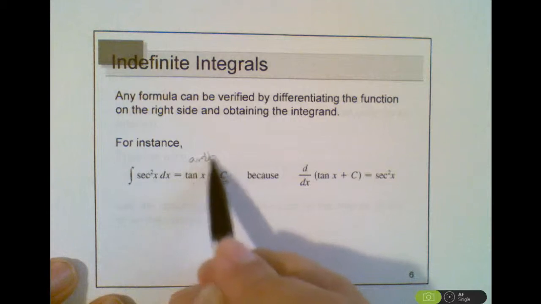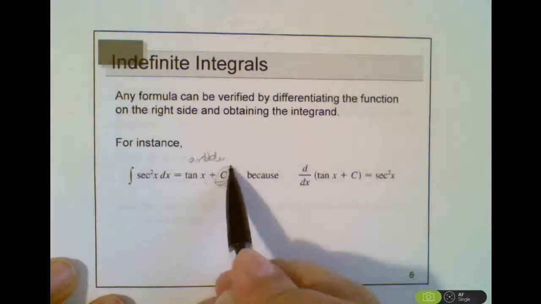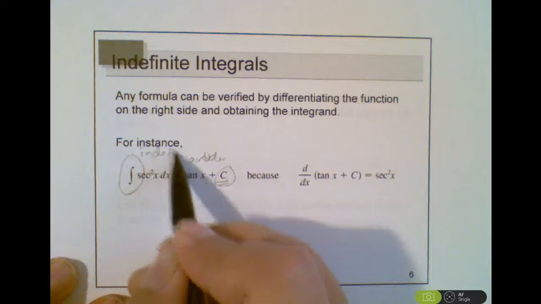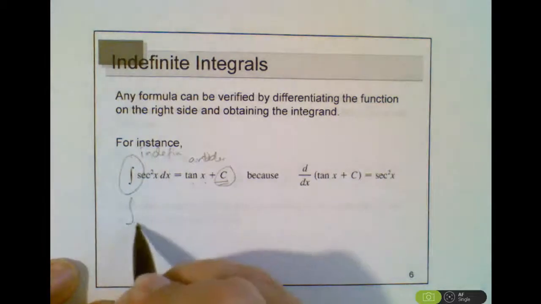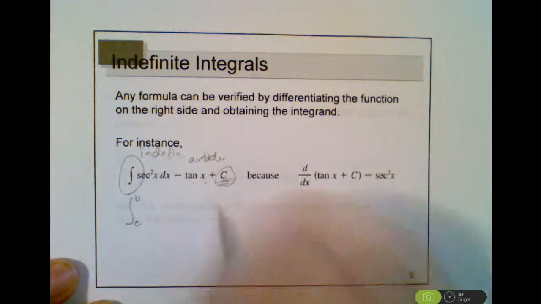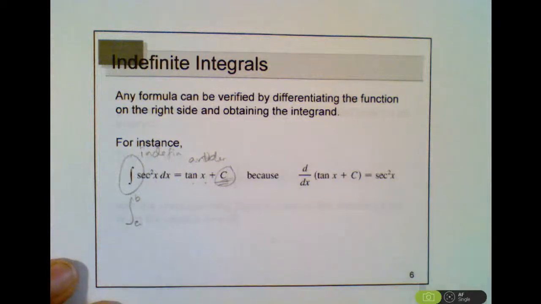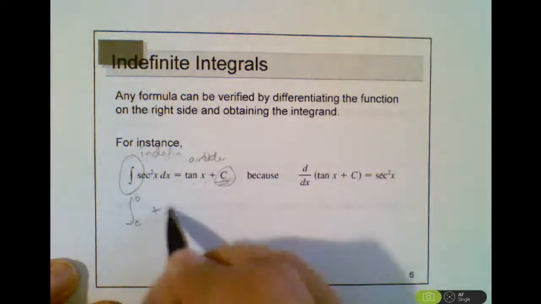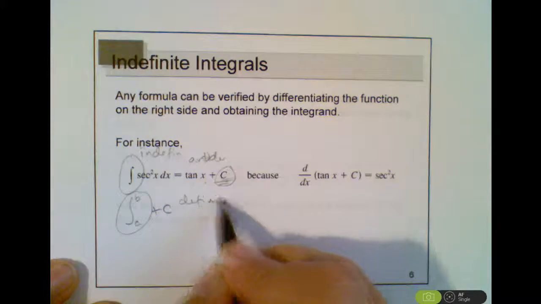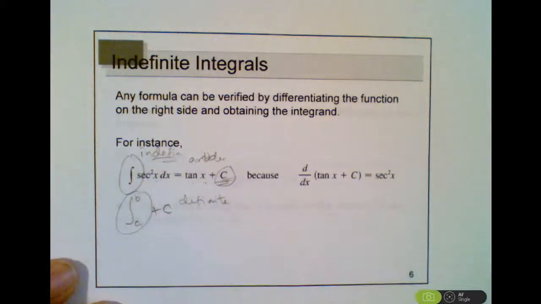So for antiderivatives, I need the cherry on top because I'm talking about the indefinite integral. But remember, if I'm using definite integrals, then the cherry on top will cancel out, so I really don't need it. So plus c is not needed on definite integrals, but it is needed on indefinite integrals.